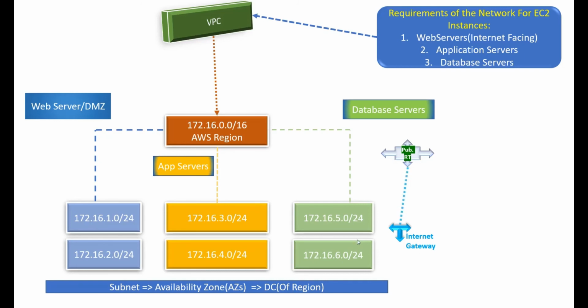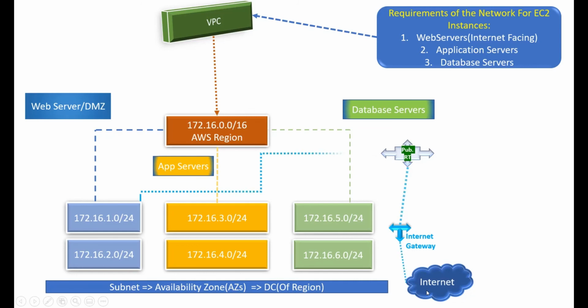I have attached this internet gateway to the route table, and then I'll attach those subnets which will go outside through this internet gateway. So I have attached these two subnets to the route table. So you can see that whatever traffic comes out from the subnets will go through that route table to the internet gateway, and then it will reach the internet.